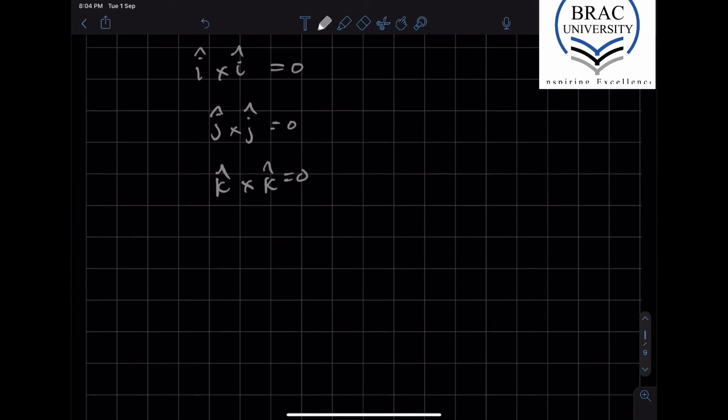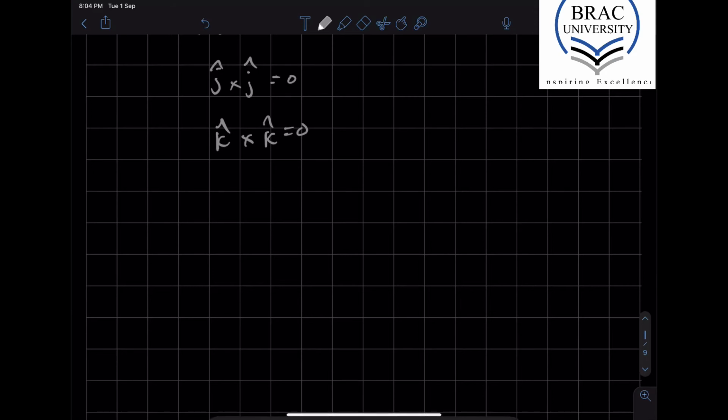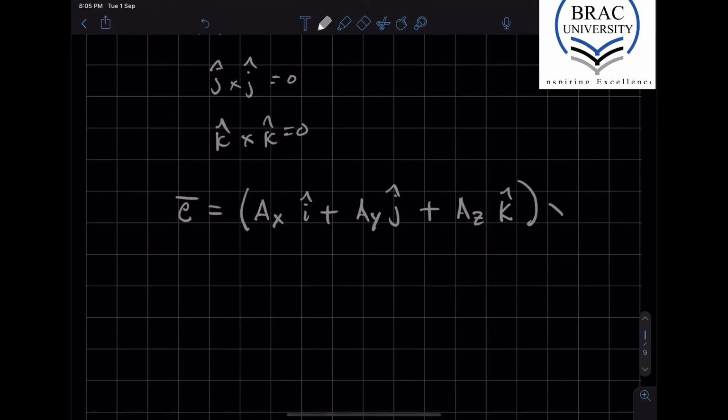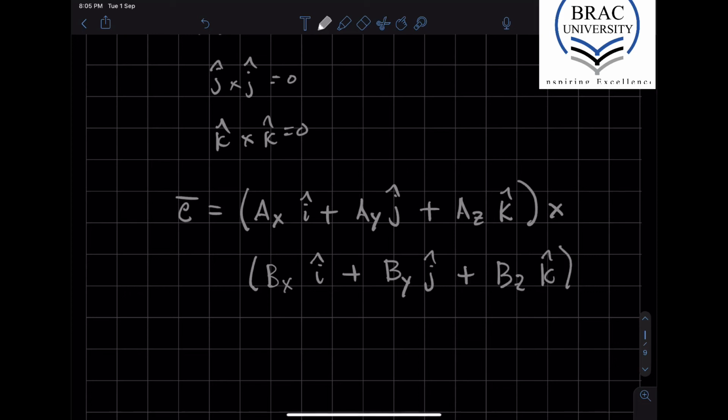Using these, we can now figure out what C is. C is going to be (A_x i + A_y j + A_z k) cross (B_x i + B_y j + B_z k).